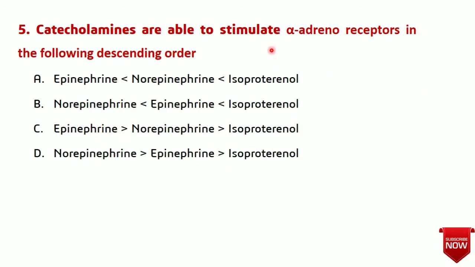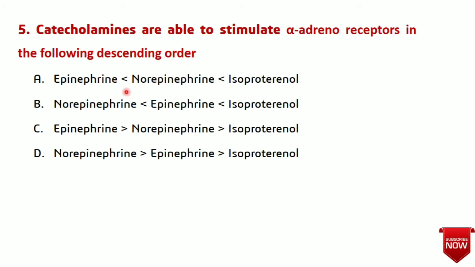Question number 5. Catecholamines are able to stimulate alpha adrenoreceptors in the following descending order. The question asks for the descending order of the catecholamines which stimulate the alpha adrenoreceptor.